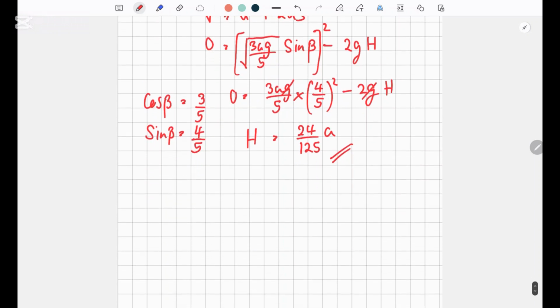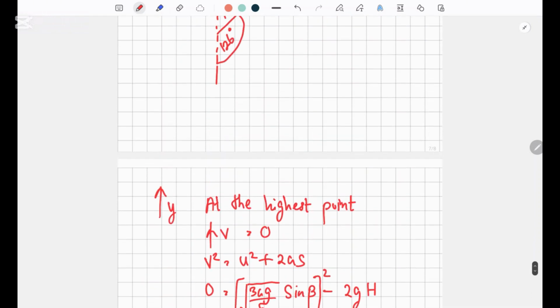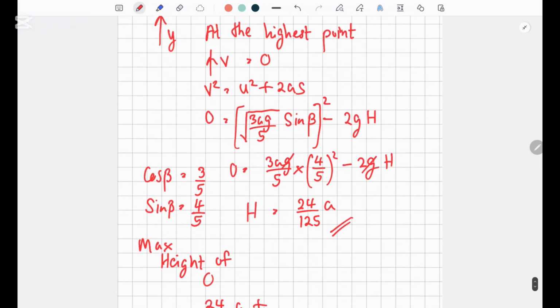But they're asking for the height from the origin, the maximum height. So that is going to be 24 over 125 a plus this height. This point is O, this is a cos beta, and whatever height we found for the projectile motion is h. So h plus a cos beta gives you the maximum height.